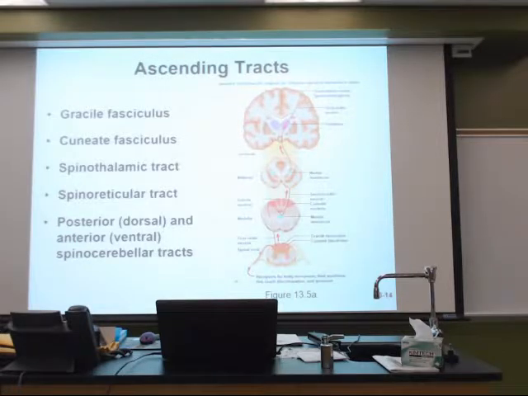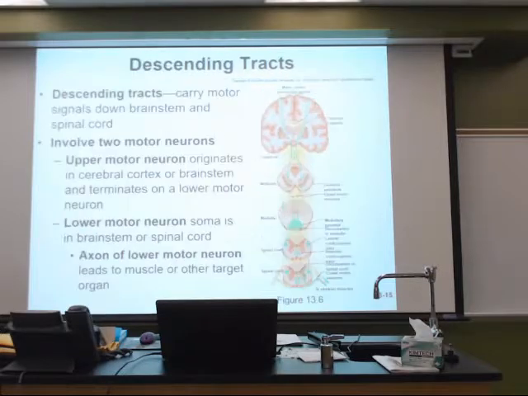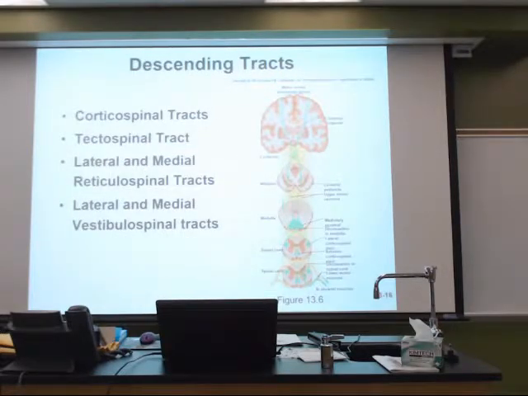Now that was the information that came in. What has to happen with that information? If it made it to my brain, what's my brain going to do with it? Process it. If it processes it, it's going to give me a response. Now remember, the thalamus was a relay station.